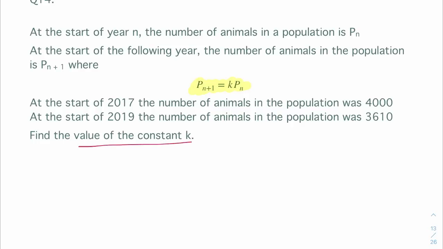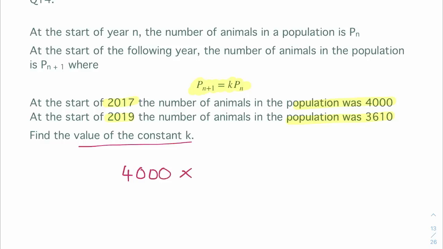Now it tells us in 2017 the population was 4,000. And in 2019, the population was 3,610. So there's 2 years difference just there. It goes from 2017 to 2019. So when we're working this out, we take our starting number, which is 4,000 in 2017.